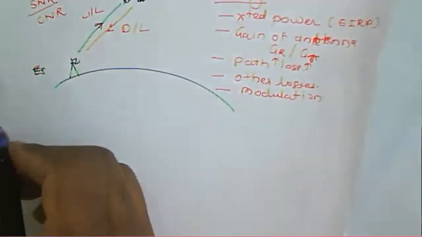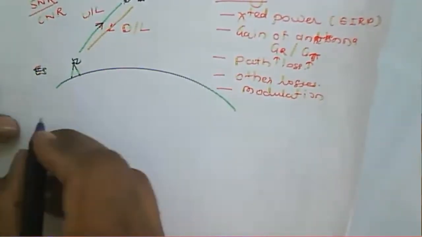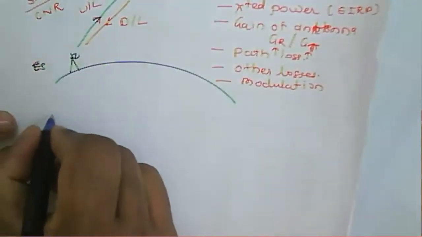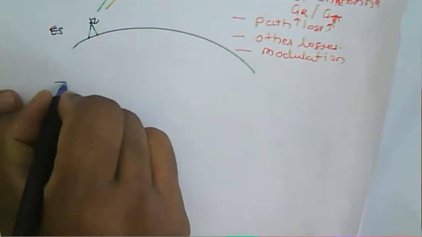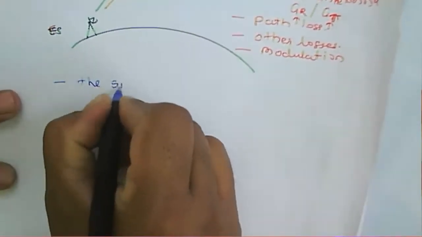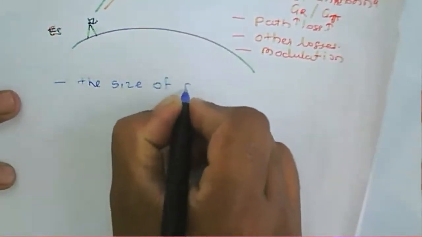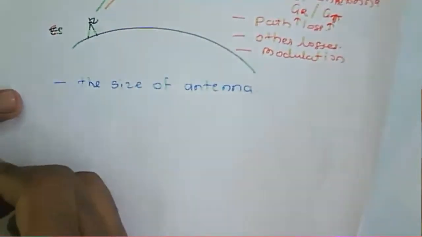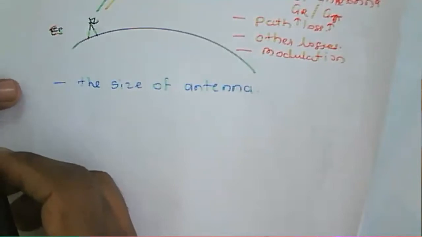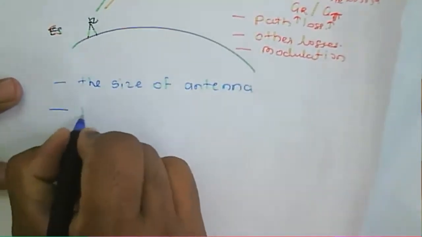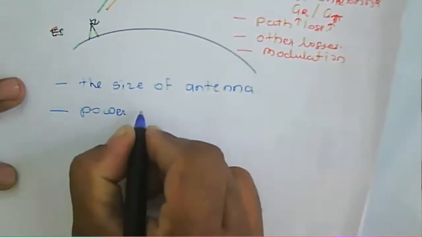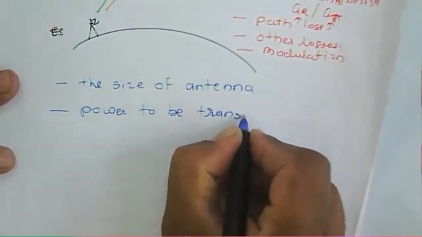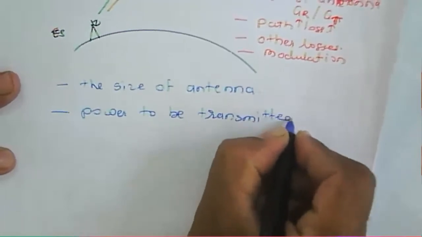Then again, we need to consider other parameters too. What will be the size of the antenna, for the transmitter or for the receiver too, and how much is the expected power to be transmitted?